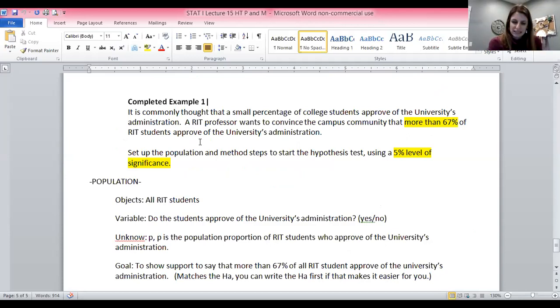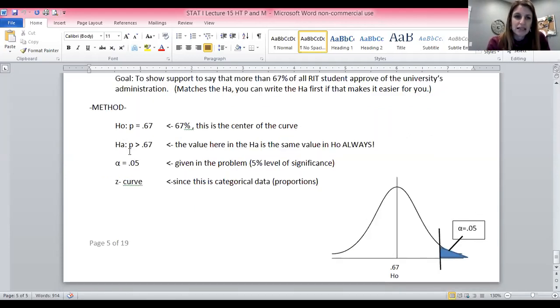So more than 67%. So that's saying that my new idea, this alternative hypothesis, is that P, the population proportion, is greater than 67% or 0.67. So I'm going to fill that in here under my HA. P is greater than 0.67.